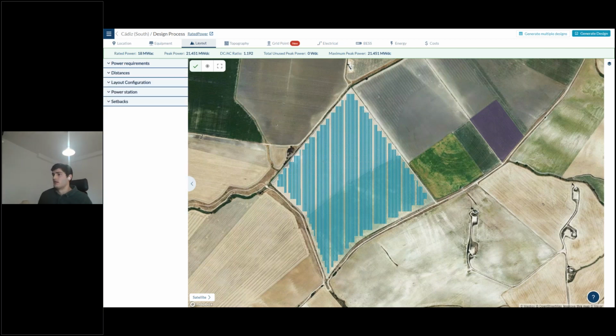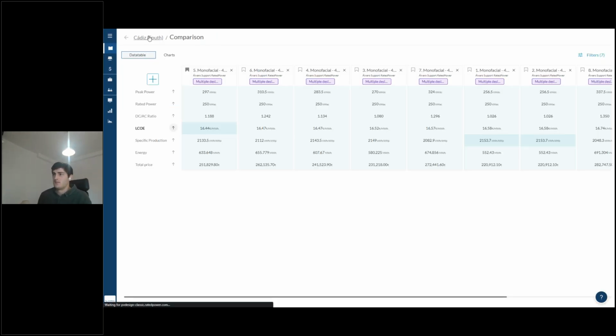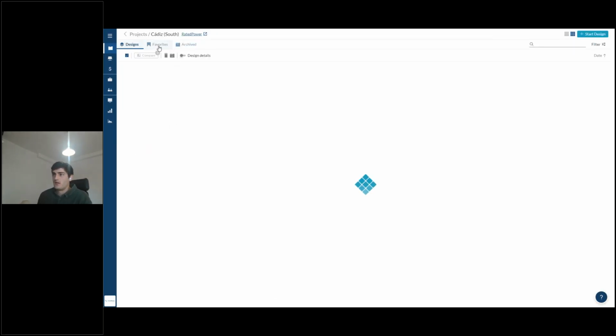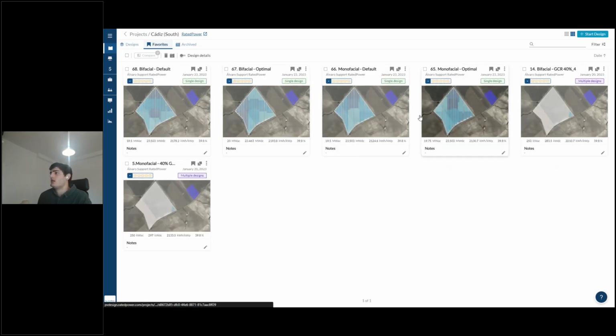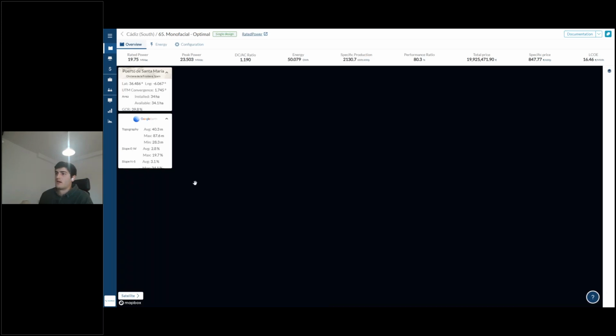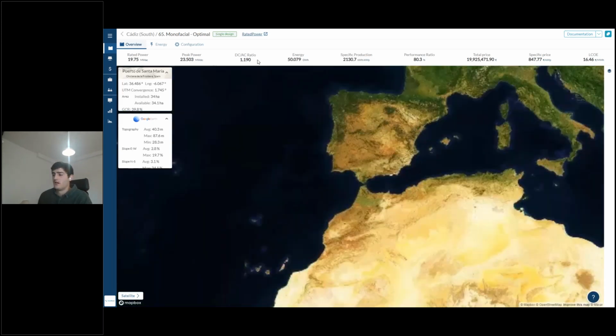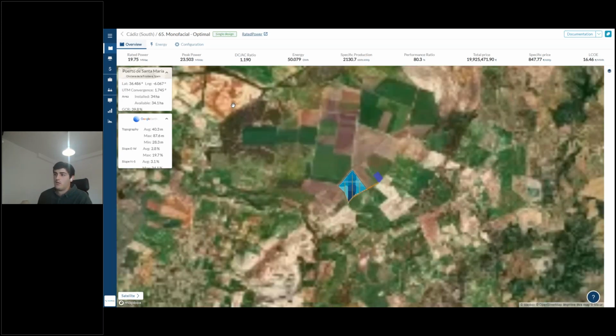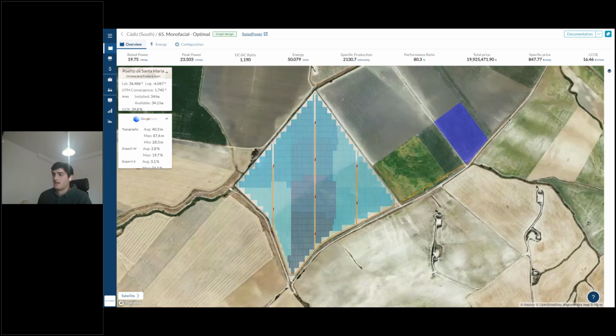After that, we will generate the design and we will get the optimal solution for this specific project, which was in fact this solution that we can see here. So the ratio will be 1.19, with all the inverters working within the limits that we have set.